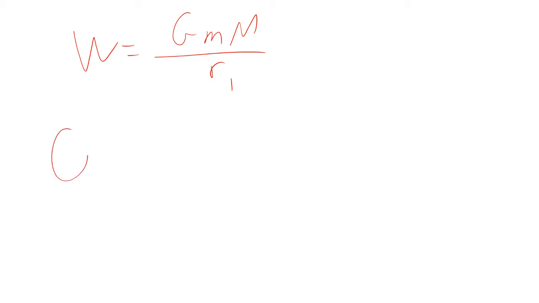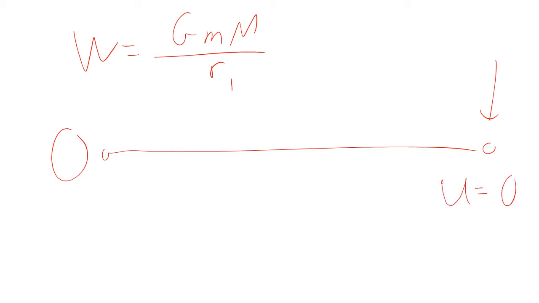Now if we go out to infinity, what's the potential for interaction there? You'd say the potential for interaction is pretty much zero. So we could define U at infinity to be equal to zero. That's a definition. Remember, you can put the zero anywhere you want.